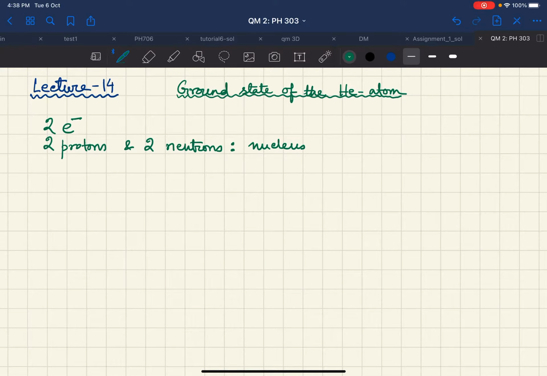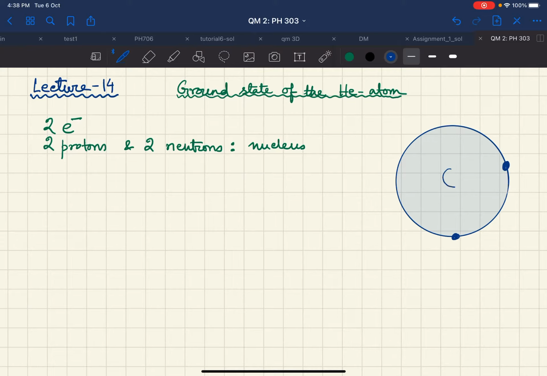So the picture that you may think of for this atom is something like this. We have 2 electrons, say here one and here one. Of course this is a classical picture.